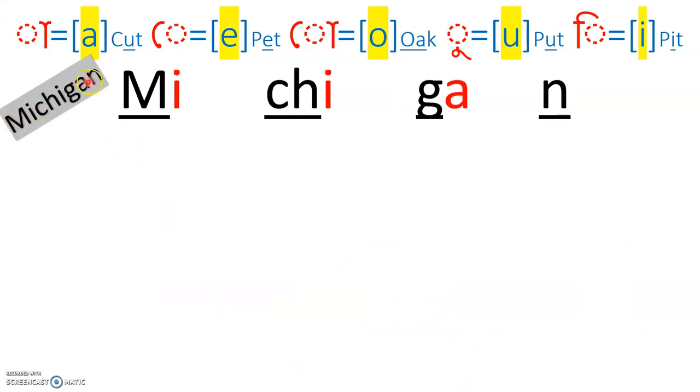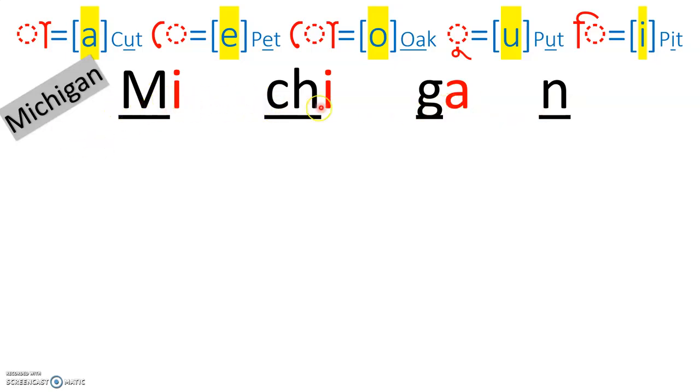We have Michigan here. I'm from Michigan, so I just picked that word. So let's break down Michigan into the symbols, into the syllables. Now there's a little trick when you have something like an N. So I have broken it down into Michigan.